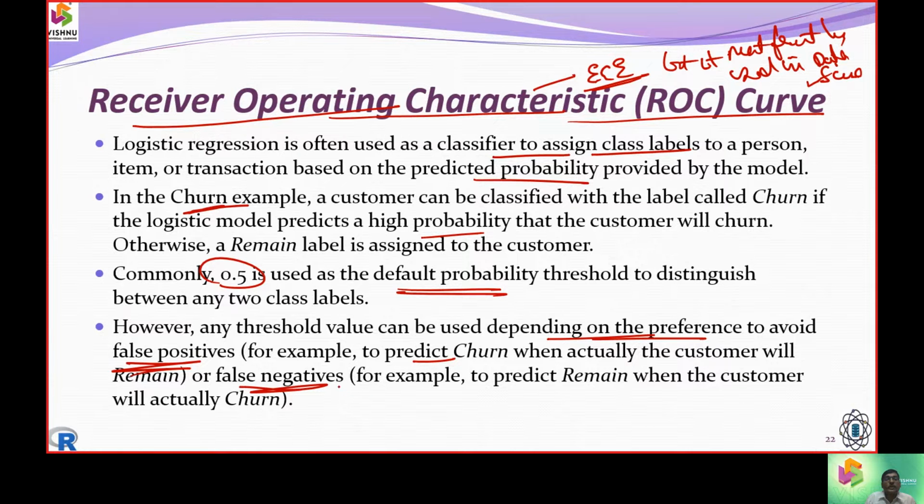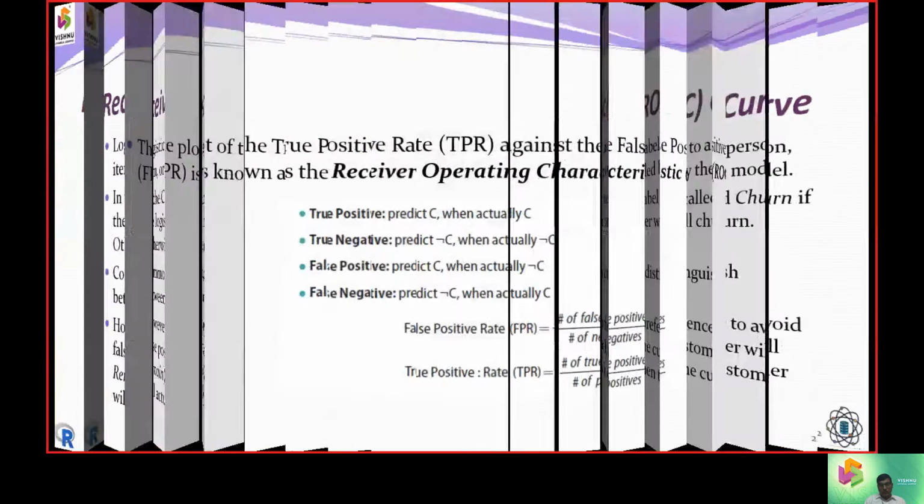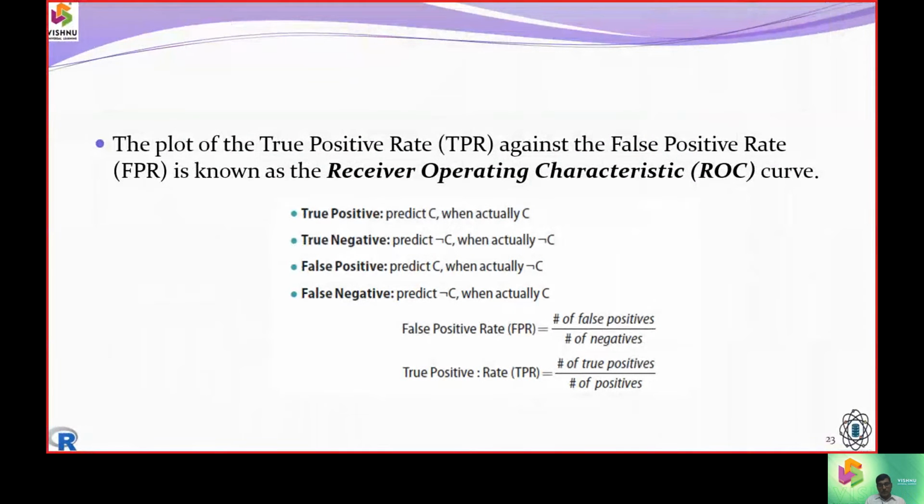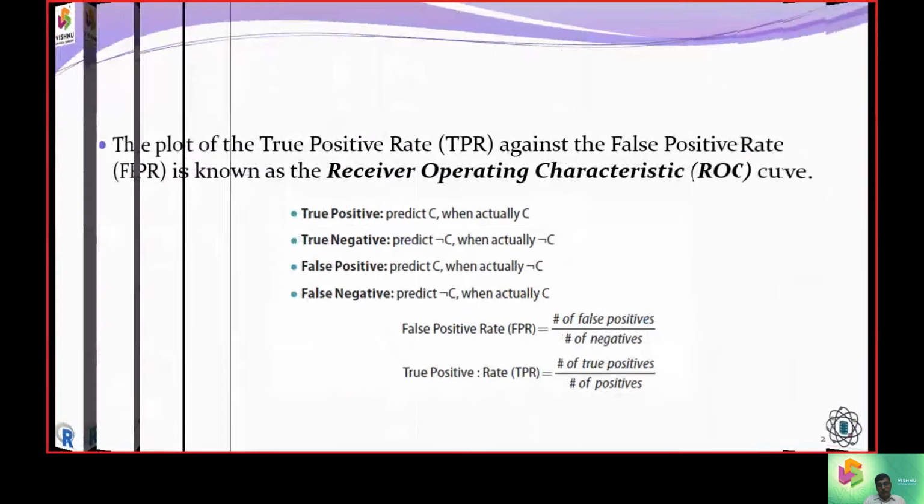Similarly, a false negative is predicting remain when the customer actually churns. So in this model, we need to estimate the false positive or false negative.